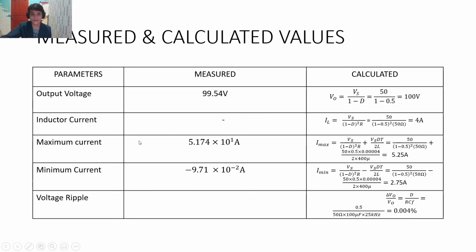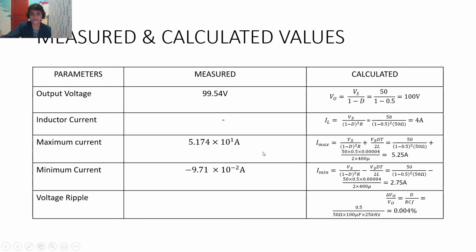And we move on to maximum current. The measured one is 5.174 exponent 1, and from calculation we get 5.25 ampere.